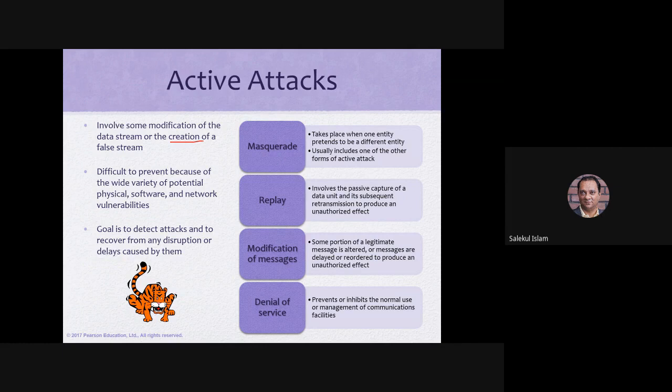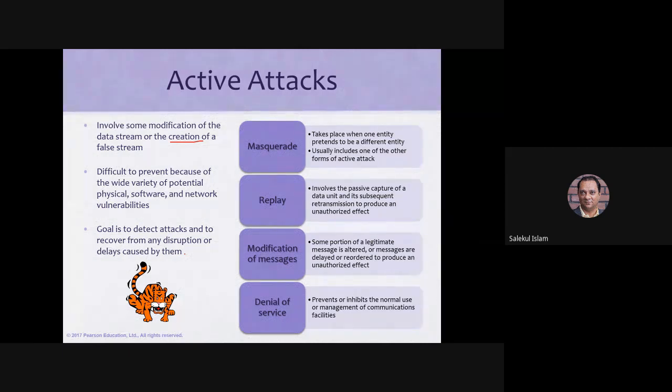So that is kind of a false stream. It is difficult to prevent because of the wide variety of potential physical, software, and network vulnerabilities. So what is the goal? The goal is to detect attacks and to recover from any disruption or delays caused by them.